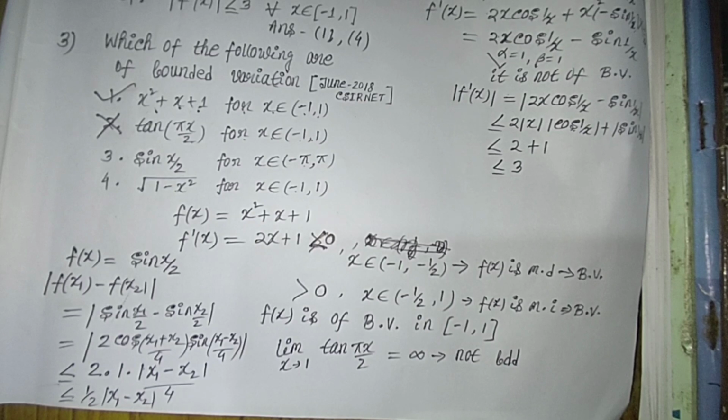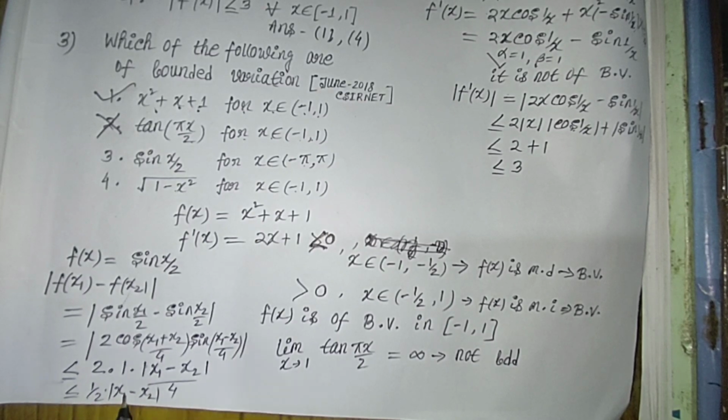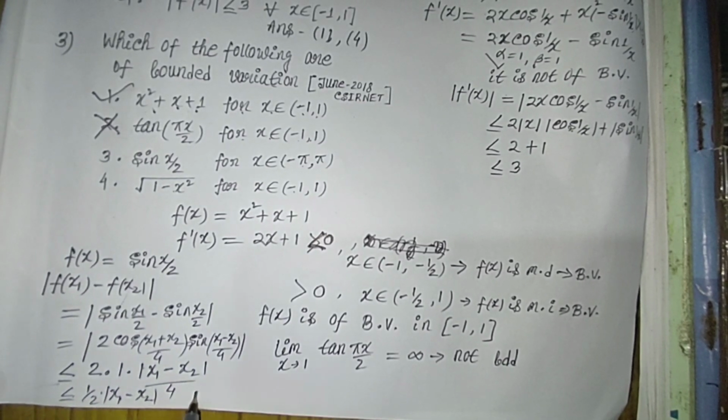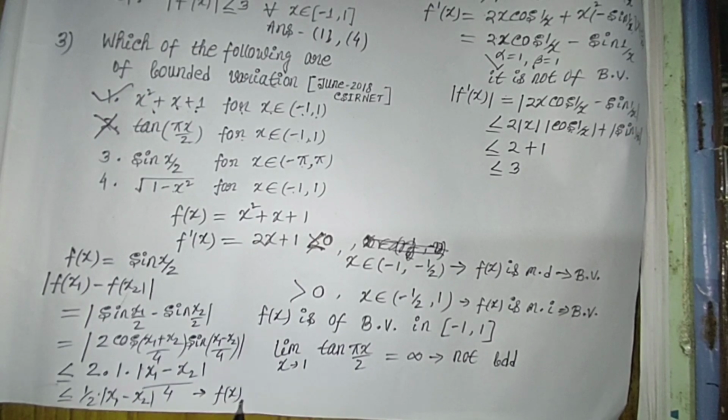So mod f(x1) minus f(x2) less than equal to k into mod x1 minus x2. So f(x) is a Lipschitz function.